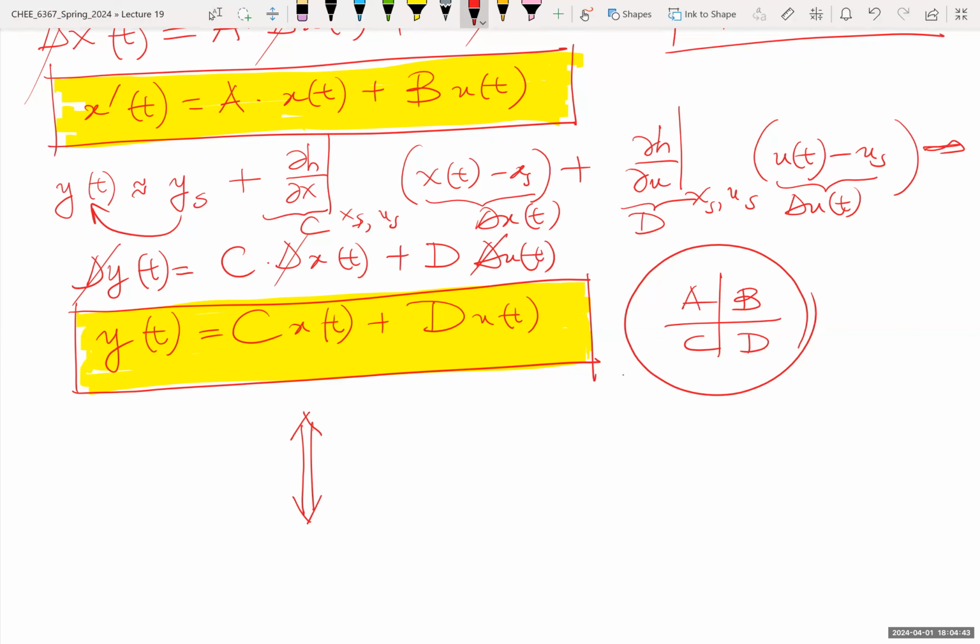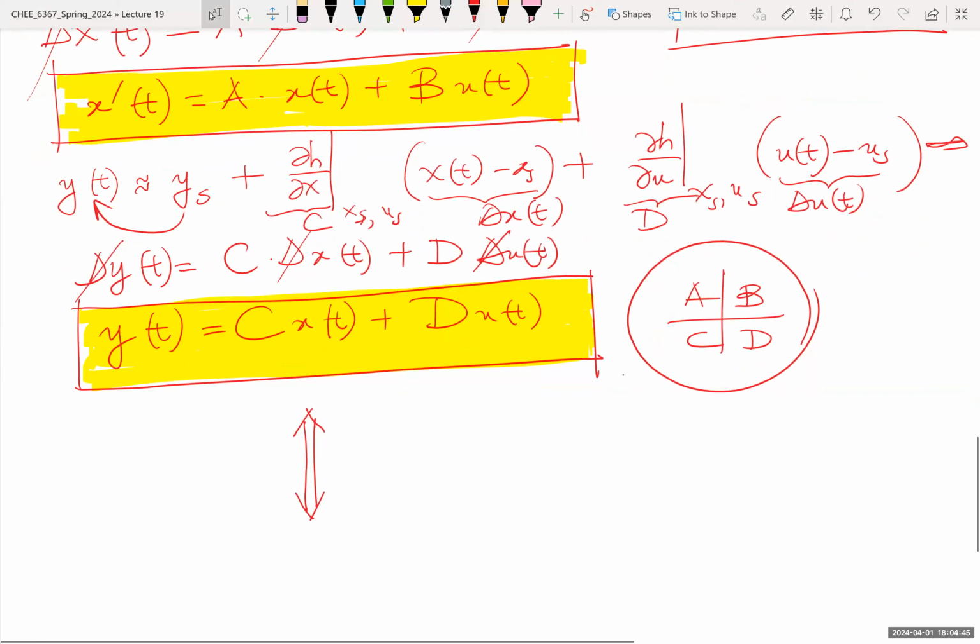Namely, from these equations, you can immediately get the corresponding transfer function that connects the input to the process, u in the Laplace domain, with the output of the process. And it takes just one line to do the math.